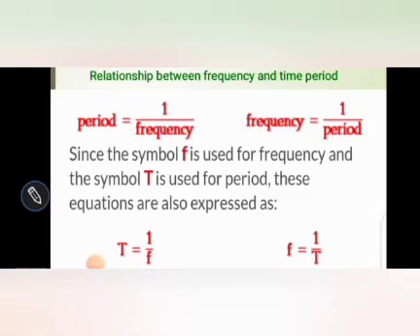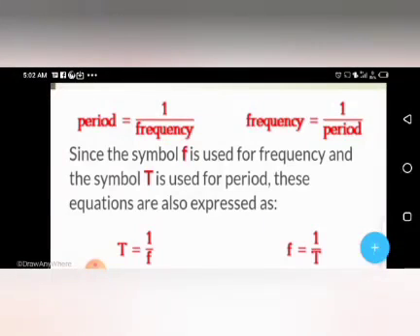Now we will discuss the relationship between frequency and time period of a vibrating body. The period of a vibrating body is equal to 1 over frequency, or we can say that the frequency of a vibrating body is equal to 1 over the time period of that vibrating body.